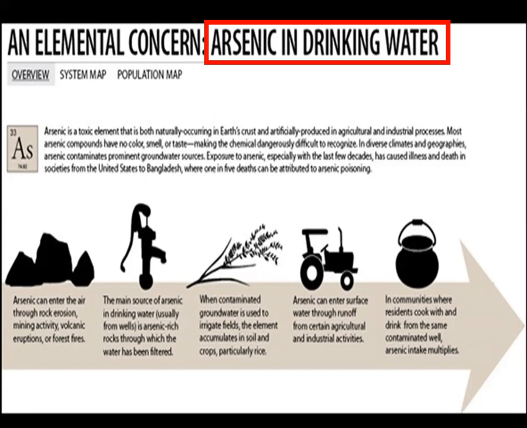And some people also use it as a chemical to process the ores that are acquired from the ground. Arsenic can enter the air through rock erosion, mining activity, volcanic eruption, or forest fires. So arsenic is something that we don't like.